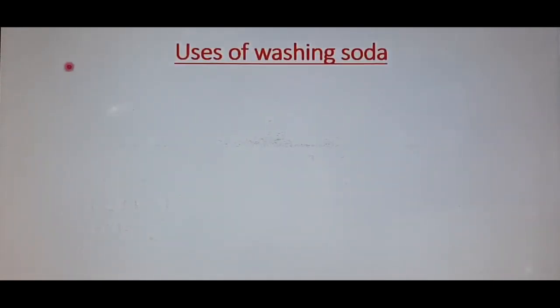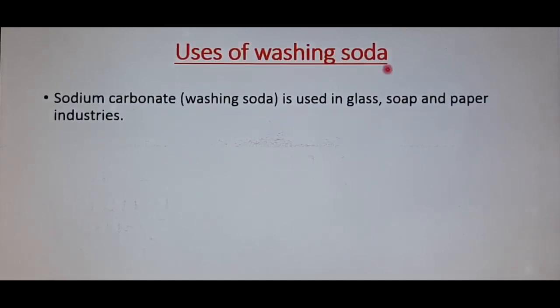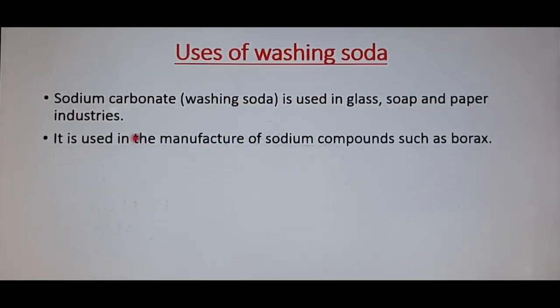Now let's do the usage of washing soda. In usage, you can see sodium carbonate or washing soda is used in glass, soap and paper industries. It is used in the manufacture of sodium compounds such as borax.